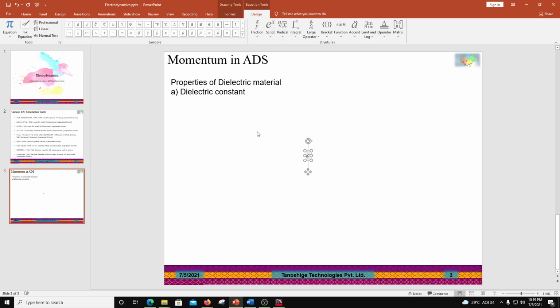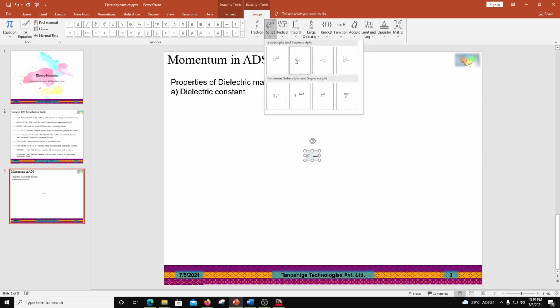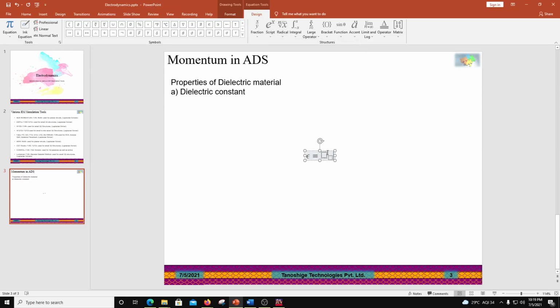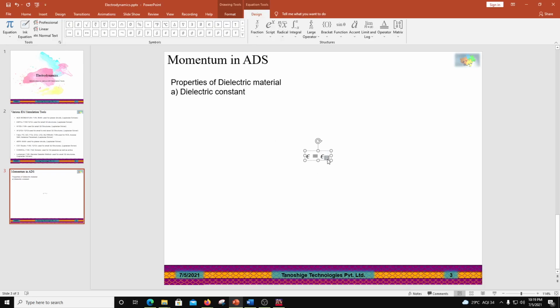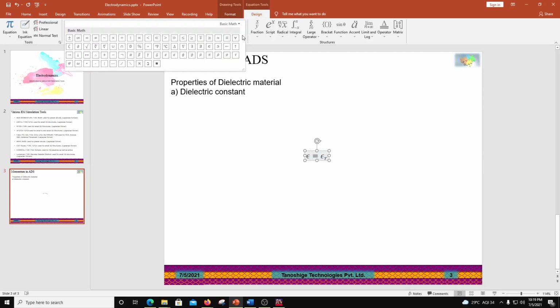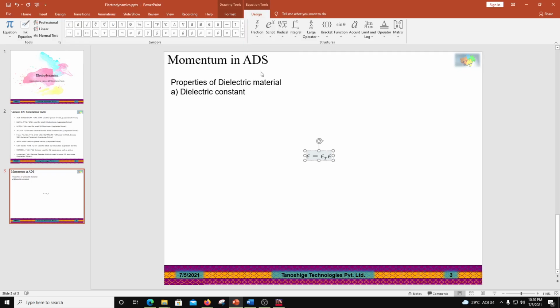What you call epsilon is basically epsilon r into epsilon 0. So this is epsilon r into epsilon 0, where epsilon 0 is for free space, which is 8.854 into 10 raised to minus 12 farad per meter.